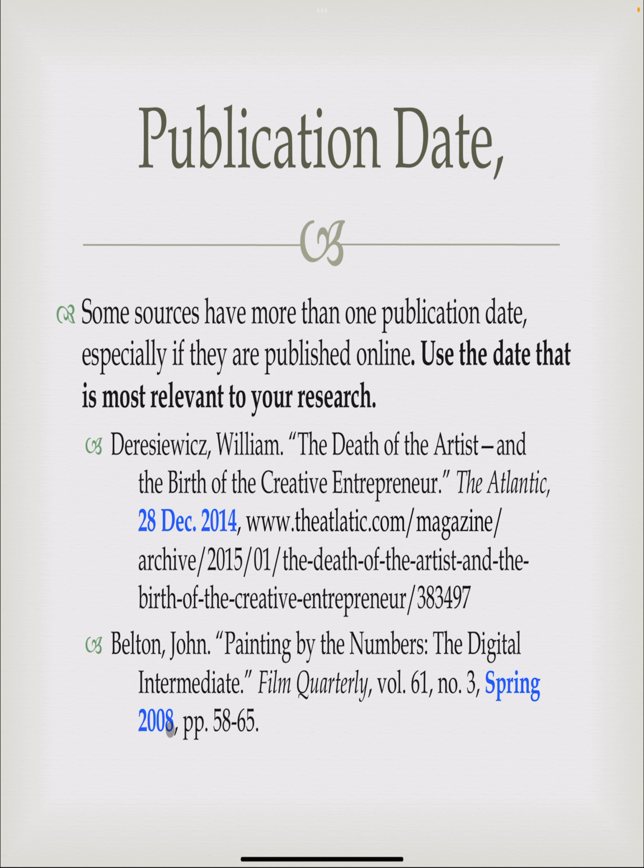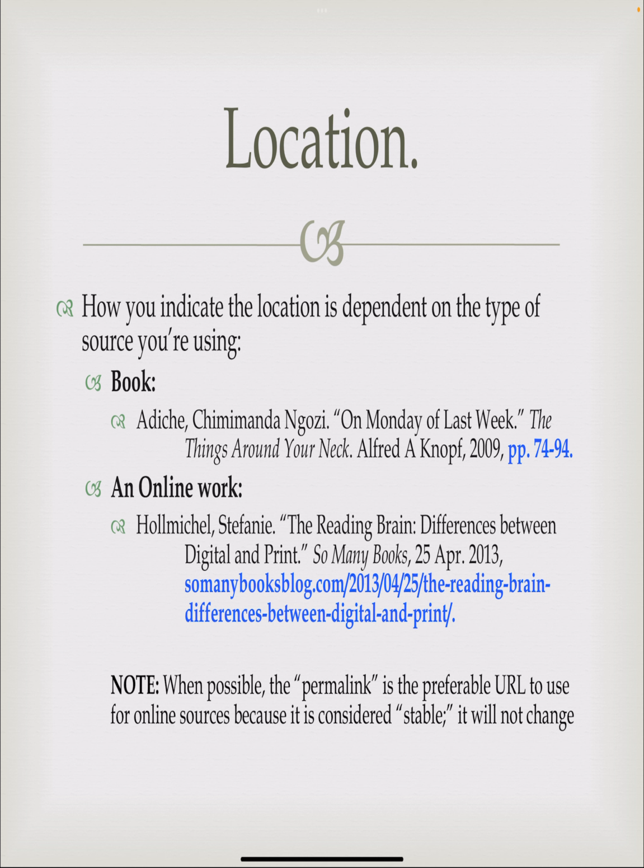This is when it was published. And then location, right? So this is going to depend on the type of source. If it's a book, it's going to be the page numbers, right? Versus if it's online, you might include the URL here. Preferably the URL is considered stable and does not change.